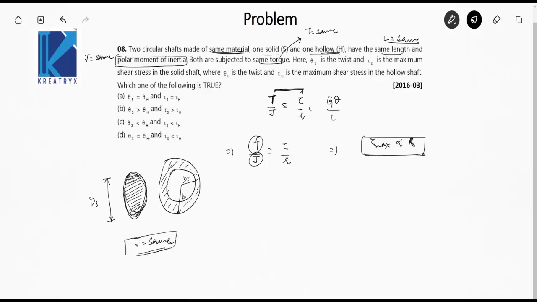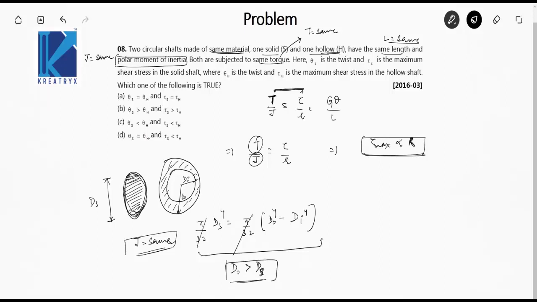See, pi by 32 ds to the power 4 is equal to pi by 32 times do to the power 4 minus di to the power 4. So for this equation to hold valid, diameter of hollow shaft do has to be greater than ds. So this is the condition. So tau max is directly proportional to d by 2. Again, this is a constant, so whichever shaft is having the greater diameter will actually have the maximum shear stress.